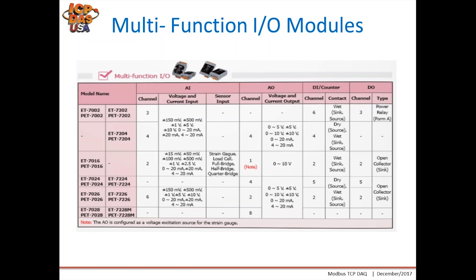For instance, the ET7002 has 3 analog input channels, a few DI with counter ability, and a few DO. The 7204 series, there is no ET or PET series, but it's a new I/O configuration with an additional analog input. Because it has additional pins, it has the room to put in that additional channel.